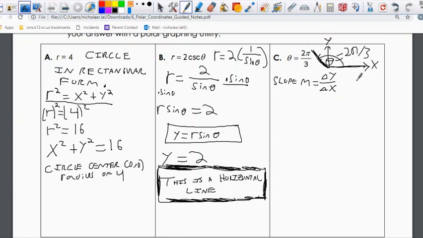And this is going to be equal to the change in y, which would be root 3 over 2, divided by the change in x, which is -1/2.